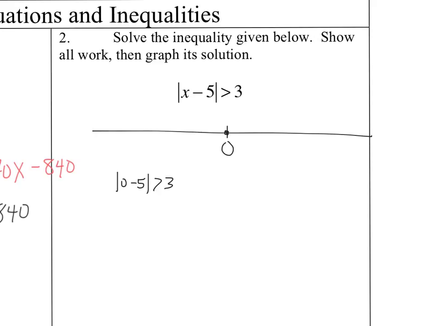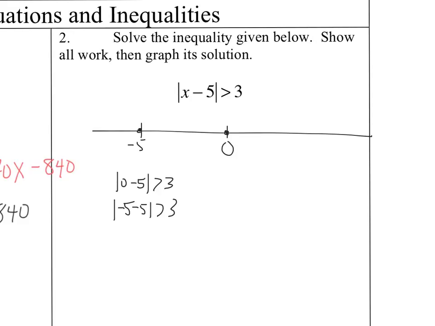Maybe I'll bounce around a little bit to see if there's anything that I can get not to work here. I don't know, how about negative 5? I am just guessing things kind of at random, so we're not really worried yet about what's going on here. And negative 5 minus 5 is negative 10, which absolute value is still greater than 3.